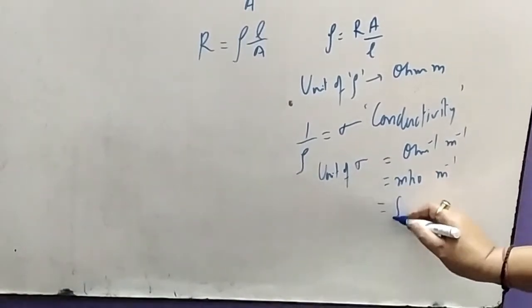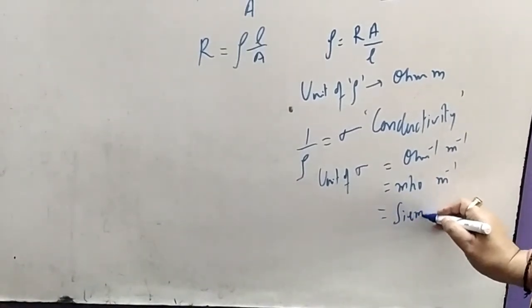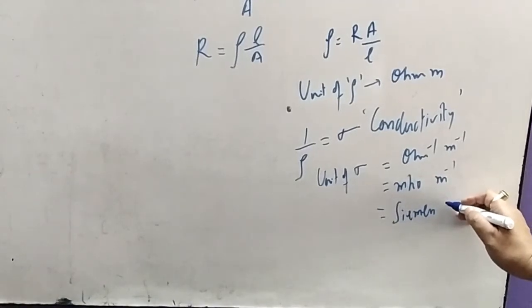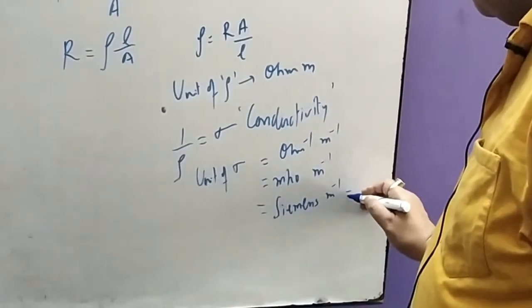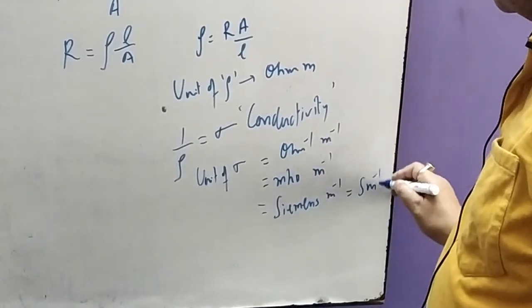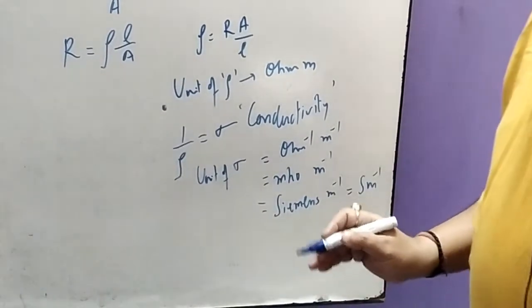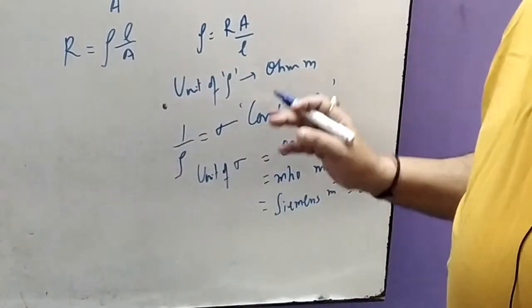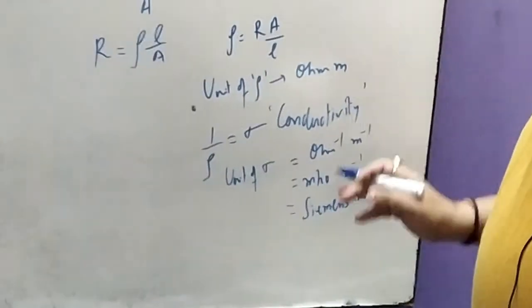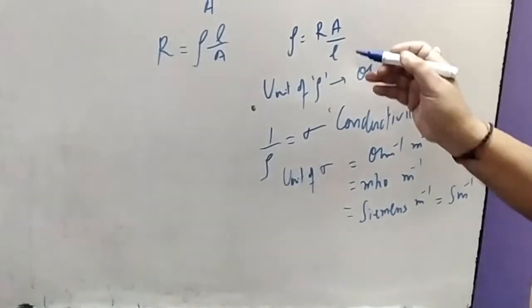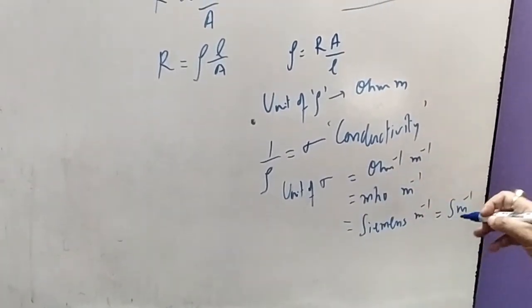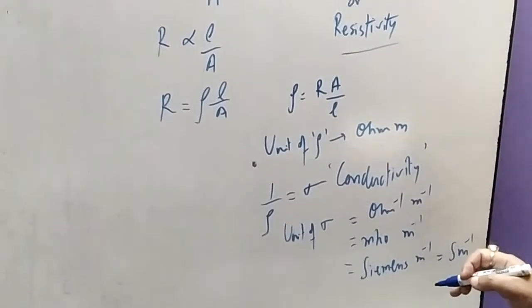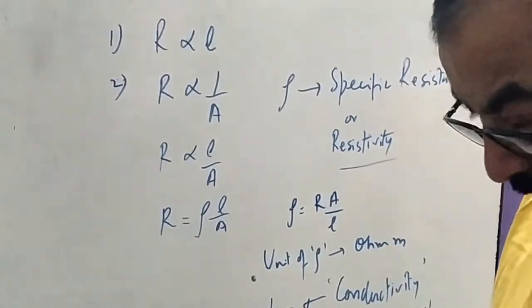This is also known as Siemens per meter, or S m minus 1. This is part of SI units. Ohm meter is the SI unit of resistivity, and the SI unit of conductivity is S m minus 1, that is Siemens meter minus 1.